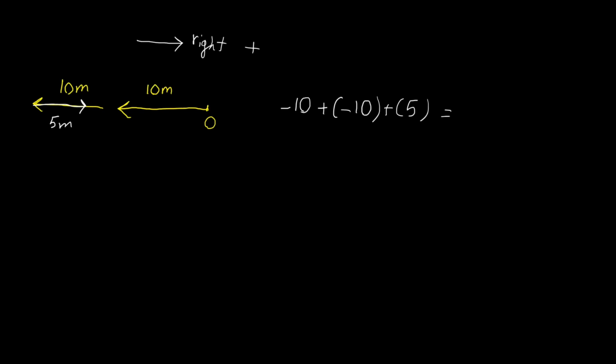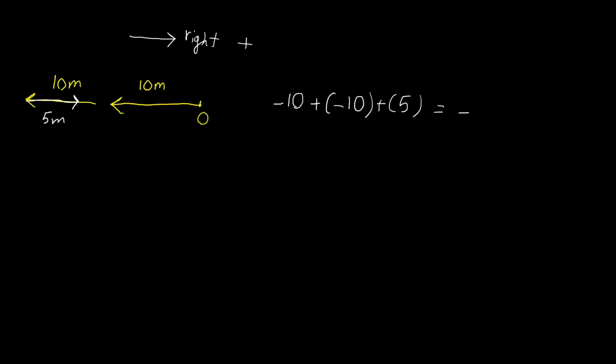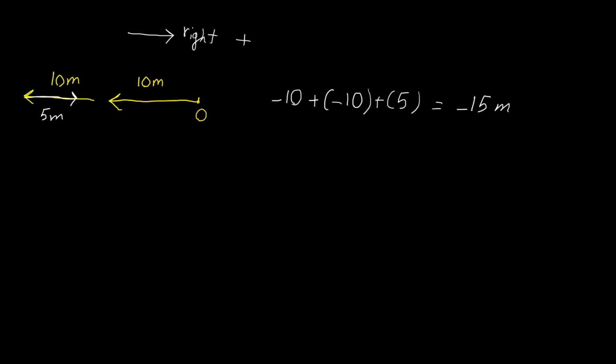So the answer actually is minus 15, so it means the magnitude is 15 meters. So my displacement magnitude is 15 meters, but negative actually shows my displacement is toward left. Why? Because positive direction is right direction.